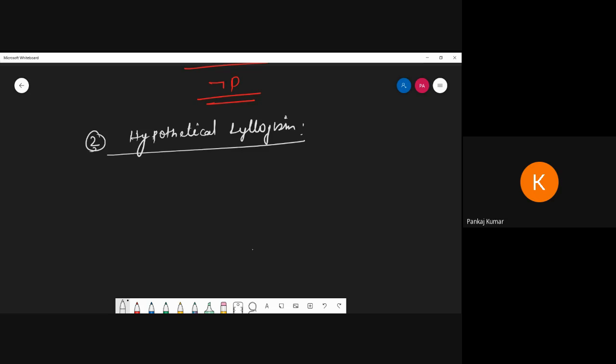This rule states that P implies R is true whenever P implies Q is true and Q implies R is true. Then we can say that this is true.